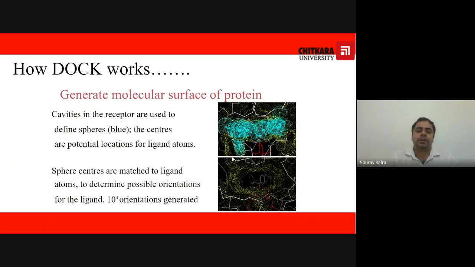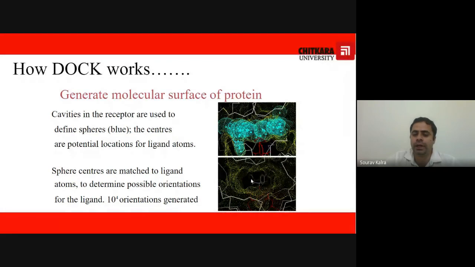How docking works: it generates a molecular surface on the protein, the cavity of the receptor. I have already shown it as blue spheres, and these are the centers for potential locations of the ligand atoms. This is the cavity of a protein, which has space where our inhibitor or ligand can bind. In the second part, I have shown the ligand bound in this pocket.